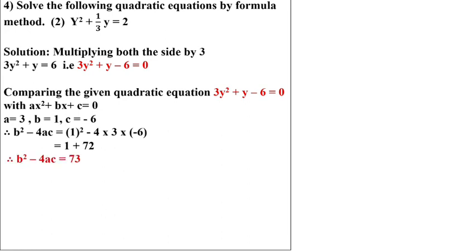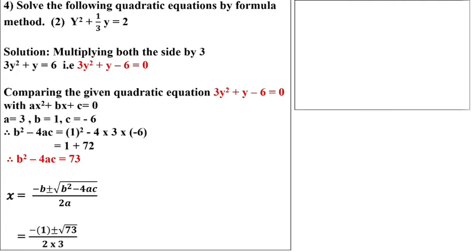Here we get b square minus 4ac equal to 73. Now we will substitute in the formula minus b plus minus under root b square minus 4ac upon 2a. Substitute the value. So here we get minus 1 plus minus under root 73 upon 6. We will write in positive also, in negative also.